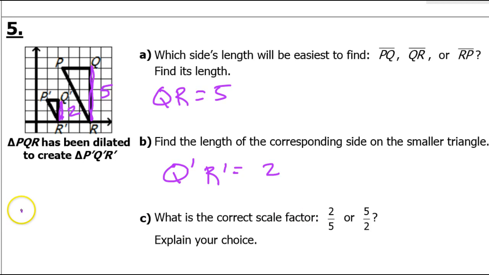Well, guys, remember scale factor, which I will use K to represent, is always new over old. Which one of these is new and which one is old? The primes are new. P prime, Q prime, R prime, the primes mean that this is new. So that's why I'm going to do new over old will be 2 over 5. So that's the scale factor.